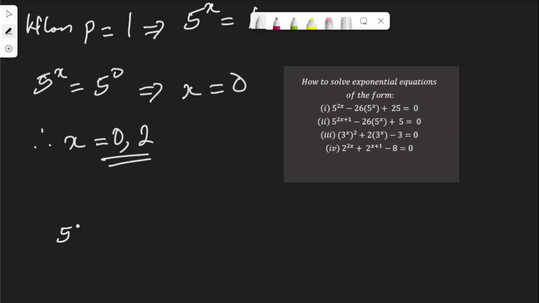5 to the power of 2x plus 1 minus 26 multiplied by 5 to the power of x plus 5 equal to 0.